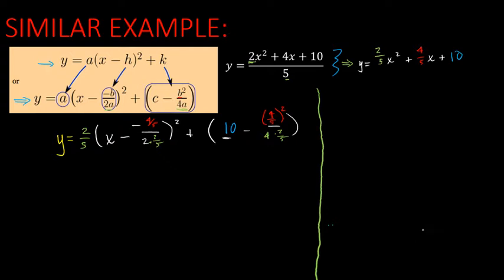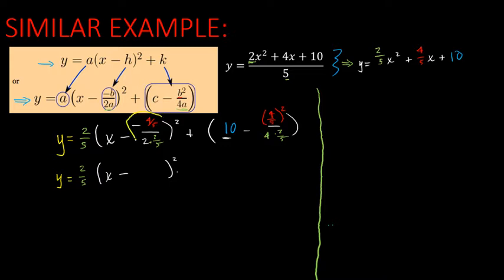I'm going to do some scratch work on the right-hand side and rewrite it as I go on the left-hand side. So y equals 2/5, that's fine as it is, times the quantity x minus, and let's work on simplifying that fraction.